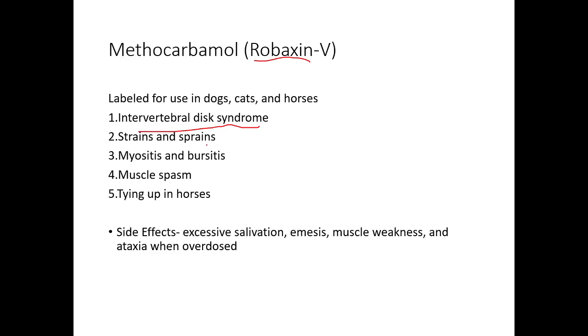You can use it for strains, sprains, myositis and bursitis, muscle spasm, and the condition called tying up in horses when they're over-exercised and have an imbalance of electrolytes, causing the Charlie horses or cramping of the muscles. Some side effects, these are generally sludge side effects: excessive salivation, vomiting, muscle weakness, diarrhea, ataxia when they're overdosed.